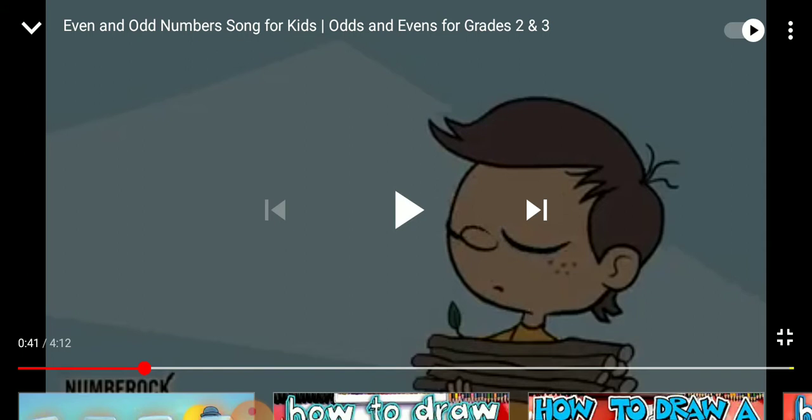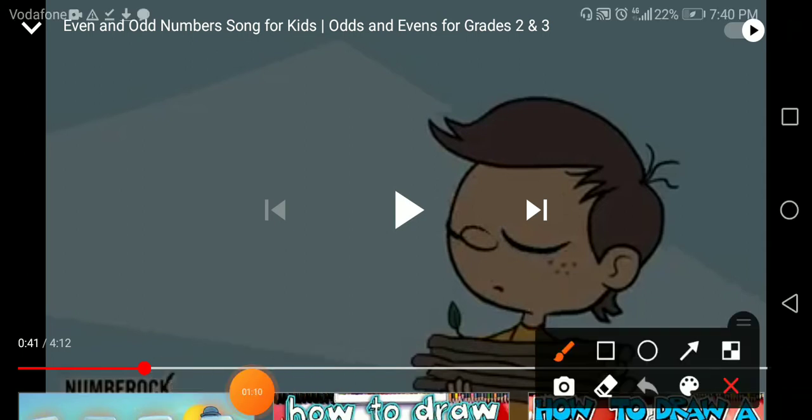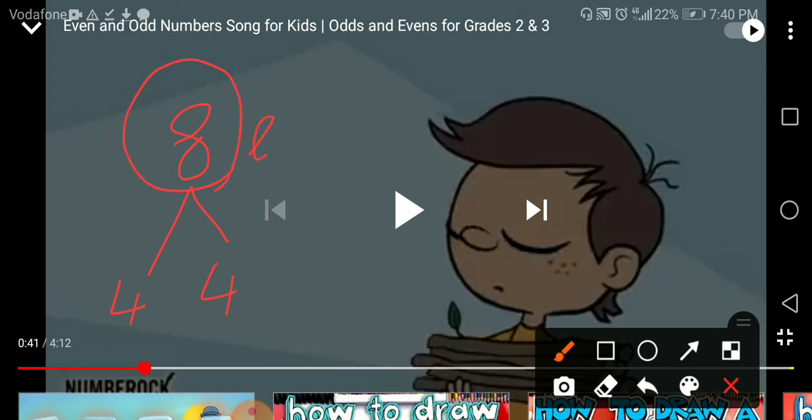Okay, what happened just now? They tell us that we can split 8, the even number, into two equal numbers. We can split or share the even number. Here we have 8. It's an even number. We can share it over two people. So 8 is divided equally. Each one will take what? 4.